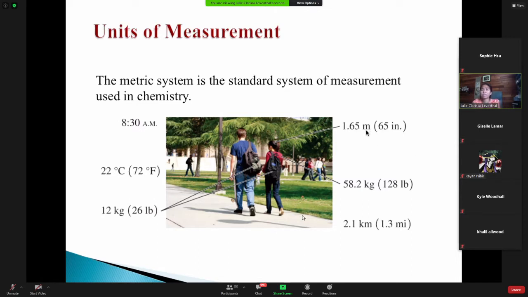What is this? M. What is this unit of? Meters is a unit of what? Distance or length. Okay. So mass, length, more length.